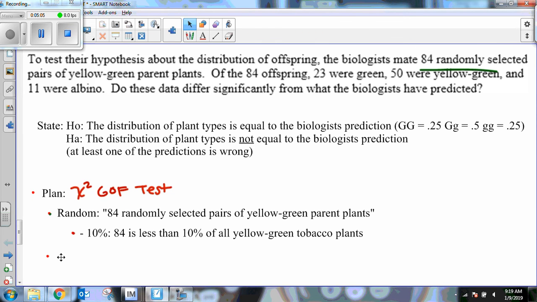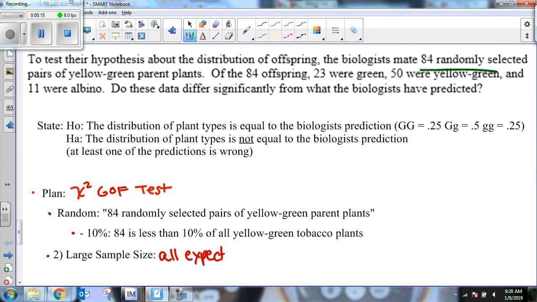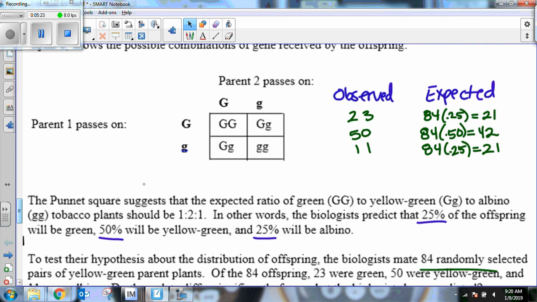So then again, we don't check a normal condition anymore. We check a large sample size condition. So what we need to show is that all expected counts are greater than or equal to 5. And since we actually did that at the beginning of the problem, remember we did that up here? These are our expected counts. Every single one of them is greater than 5.